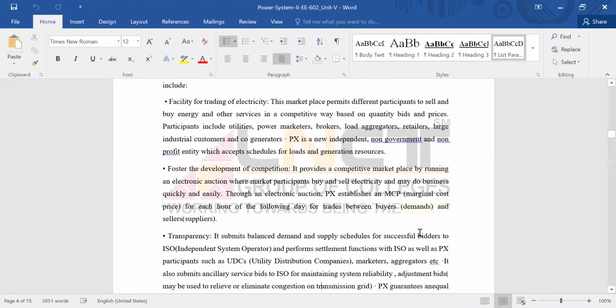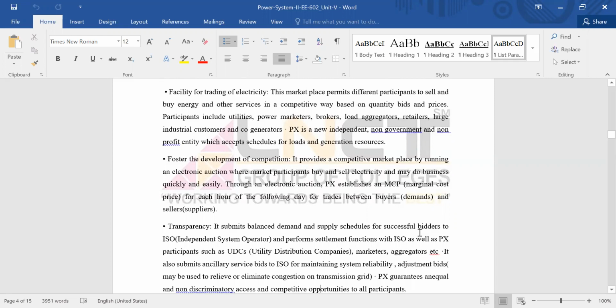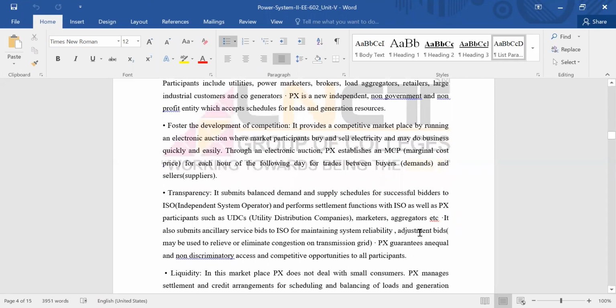It submits demand and supply schedules for successful bidders, and it performs settlement functions with the independent system operator and with participants such as UDCs, that is utility distribution companies, marketers, aggregators, etc. Then liquidity.